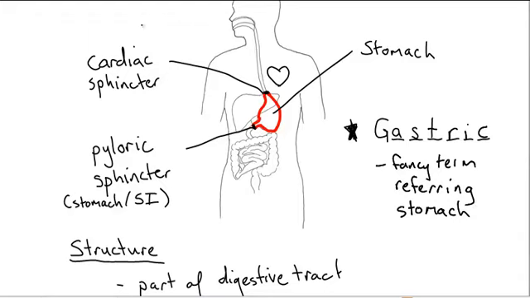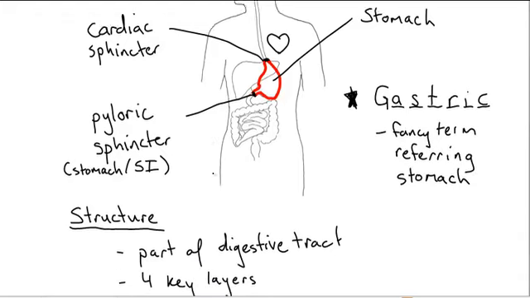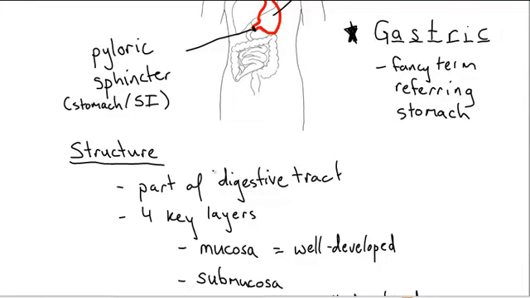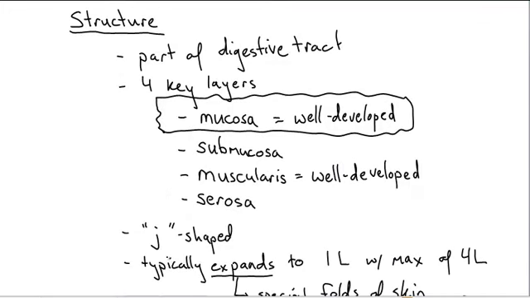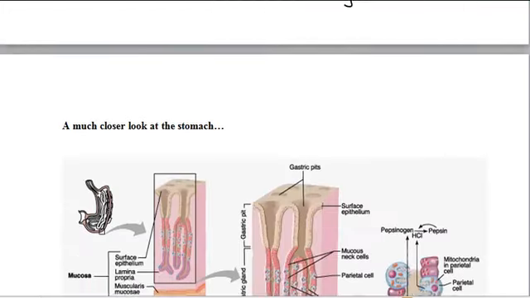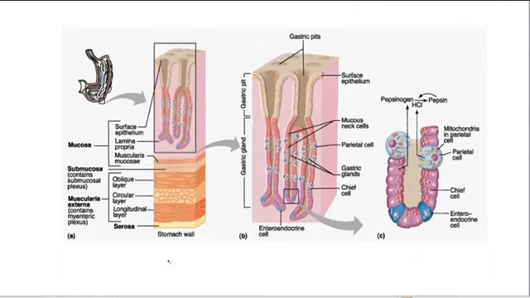So that's the overview of the stomach, but we're going to take a really close look in particular at the mucosa, because the mucosa produces many substances that are key to how the stomach functions. Okay. So if we're going to look at the function, we have to take a closer look at its structure.